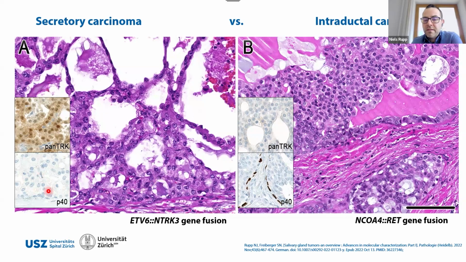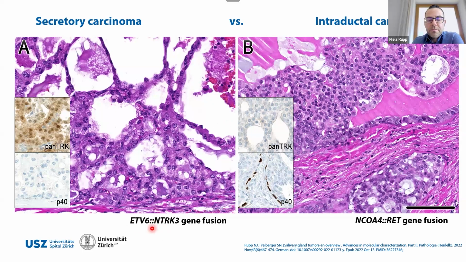P40 is usually negative. And on the other hand, here in the intraductal carcinoma, you usually see a myoepithelial or basal cell layer, which is positive for P40, and the pan-Trk immunohistochemistry is usually completely negative. You always have to be careful when dealing with secretory carcinoma that there are approximately 5% of cases which have non-canonical fusions.